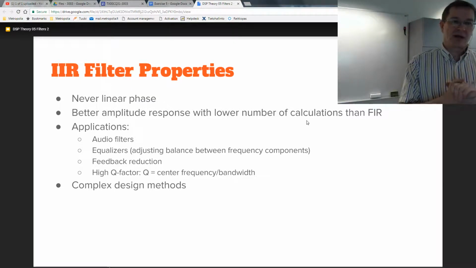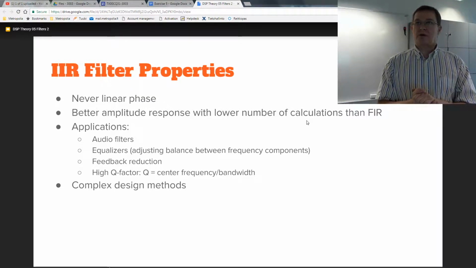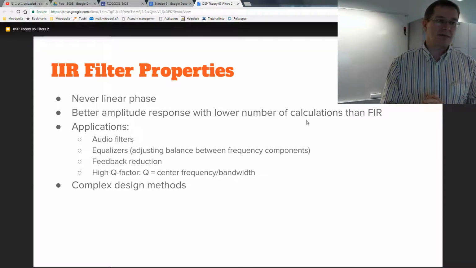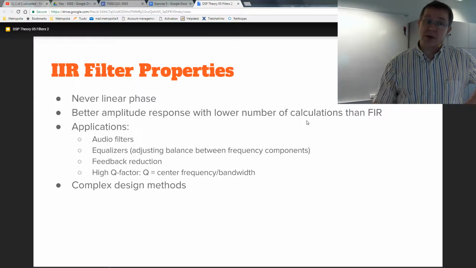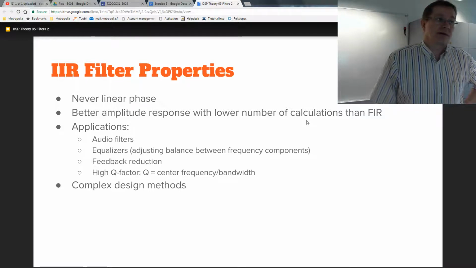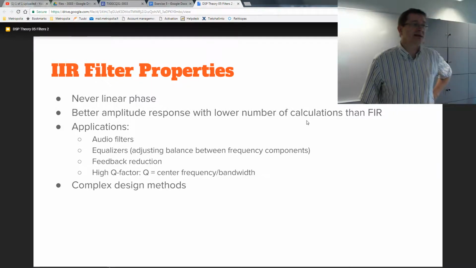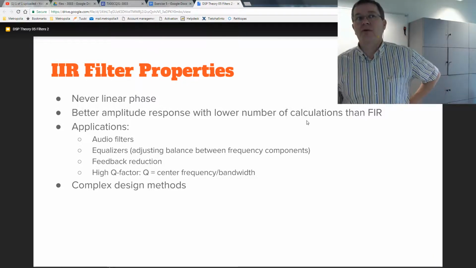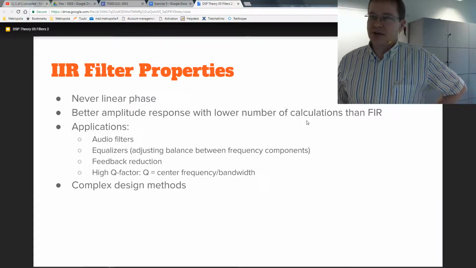However, IIR gives better amplitude response with a lower number of calculations.